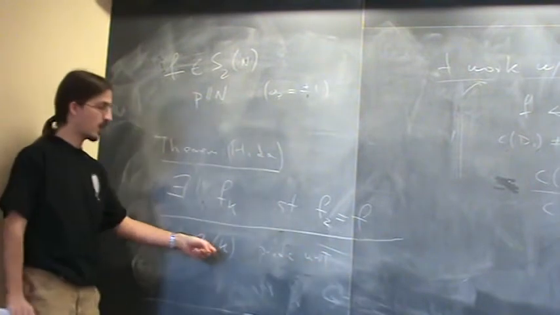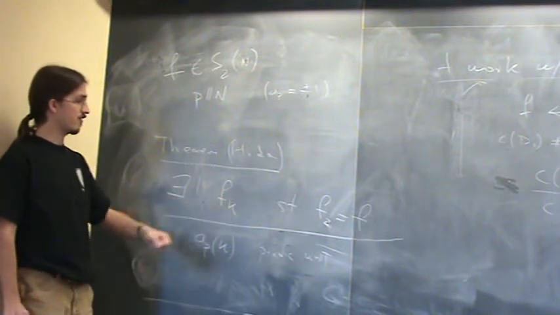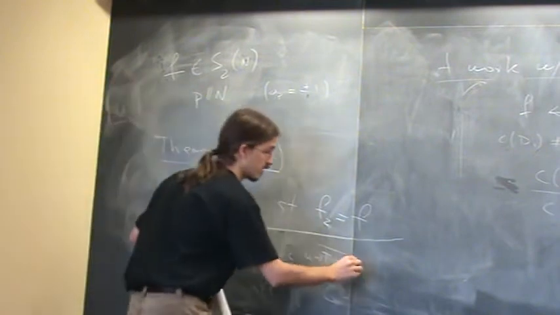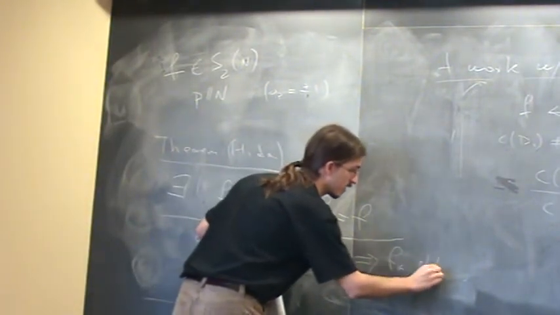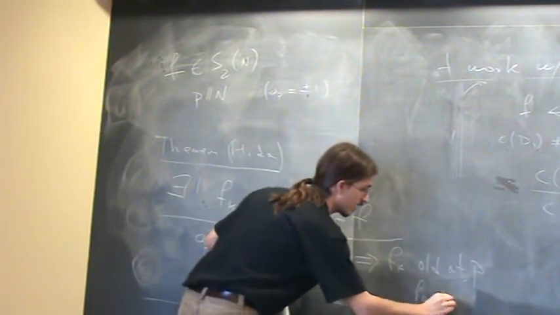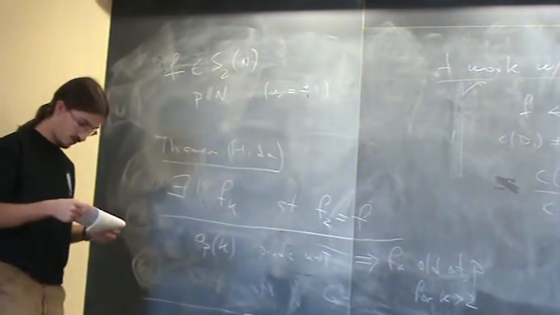But for k bigger than 2, it means that F_k is actually old at p. So therefore, F_k is old at p for k an integer bigger than 2.